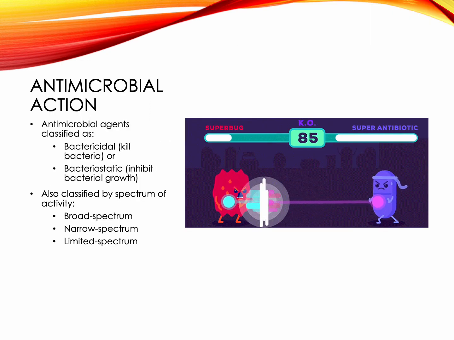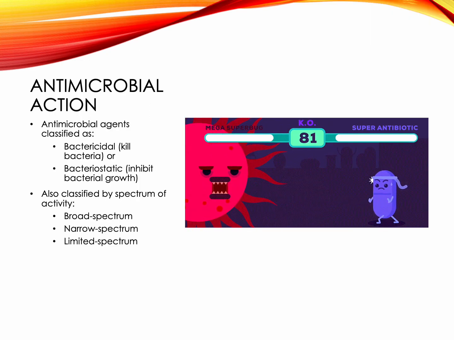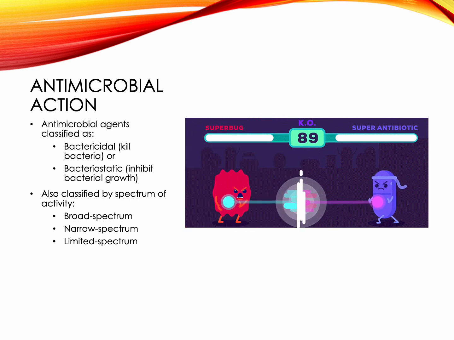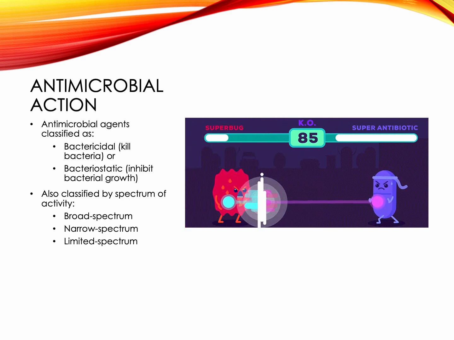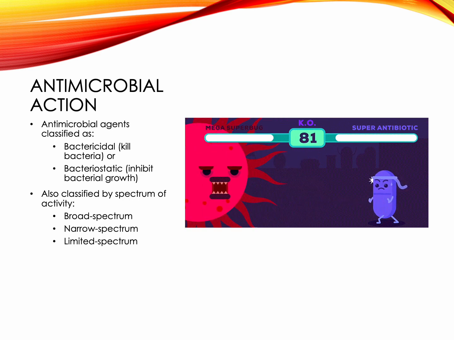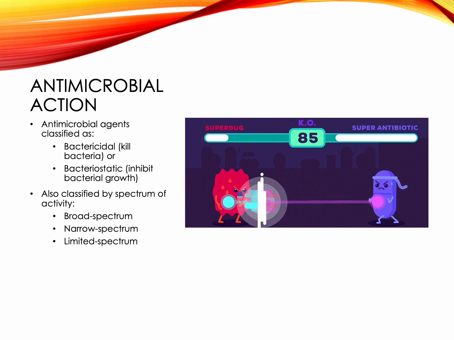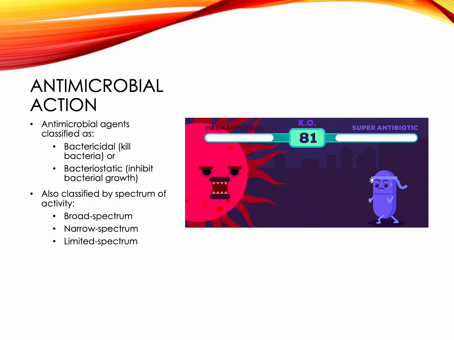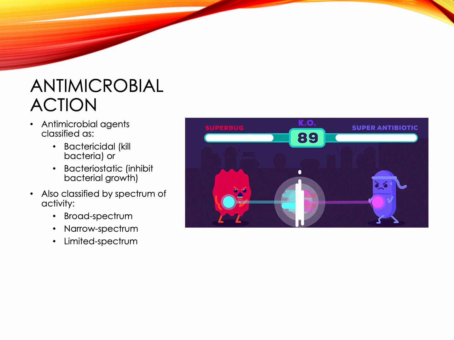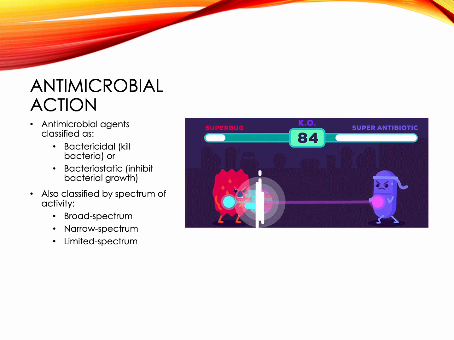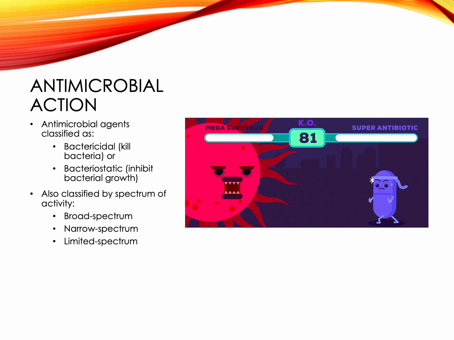So this discussion on antimicrobial action is going to include mechanisms and types, as well as antibiotic resistance. Antimicrobial action is the process that the antibiotic uses to kill microorganisms and stop their growth.